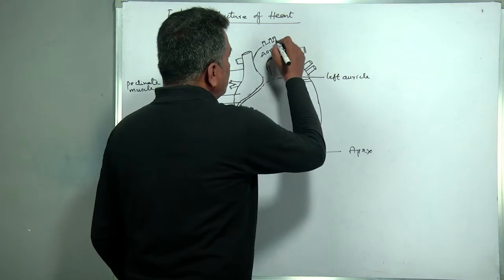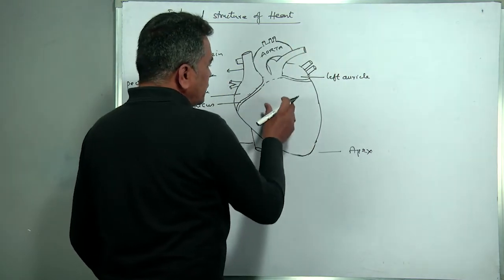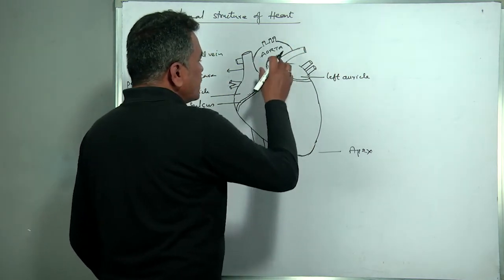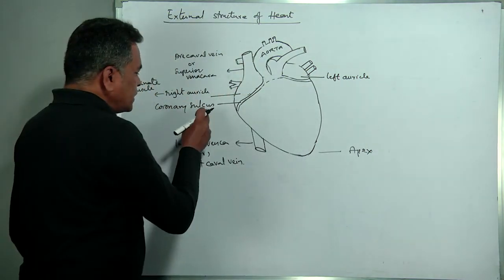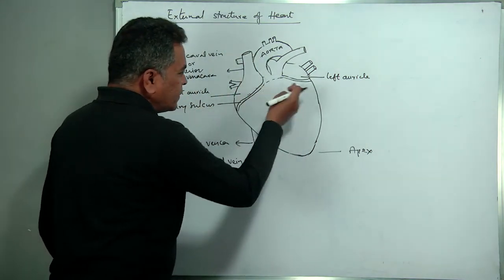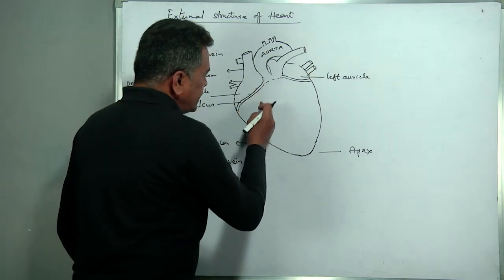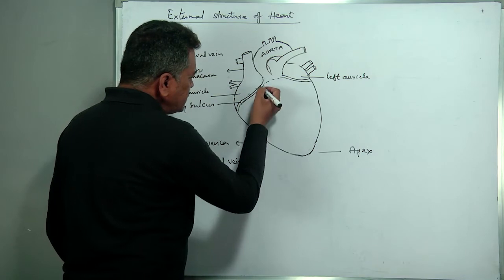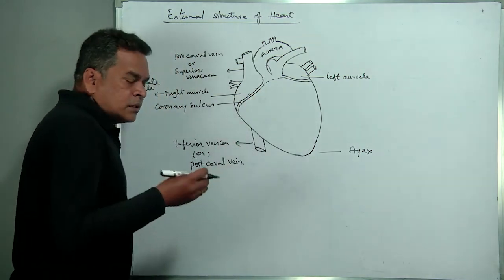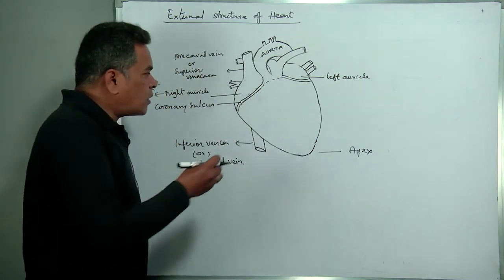Before that, we should understand the coronary sulcus. First, let me complete this one. The coronary sulcus is a deep groove in which coronary arteries and veins are lodged.